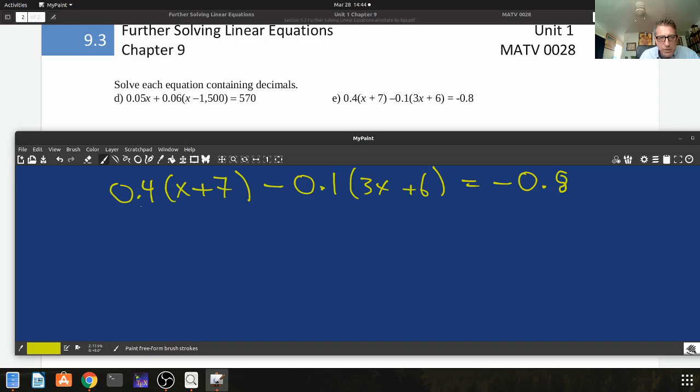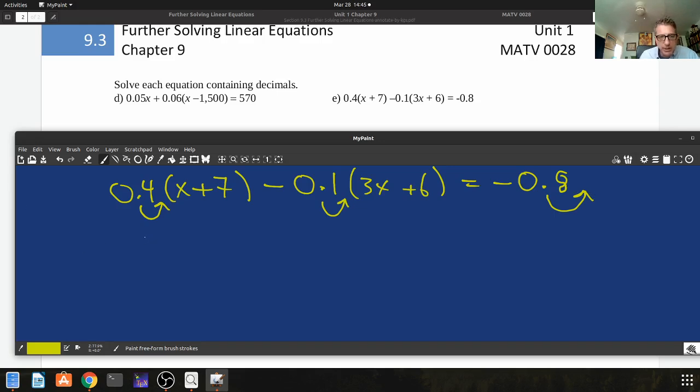So again, I just want to move these decimals over 1. So be careful here. This is the equivalent of multiplying both sides by 10. So that's what I do. When I move the decimal to the right by one place, I'm multiplying both sides by 10.